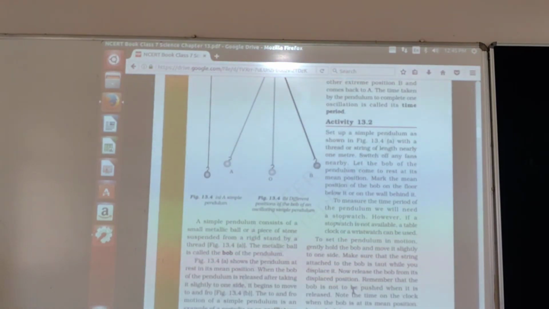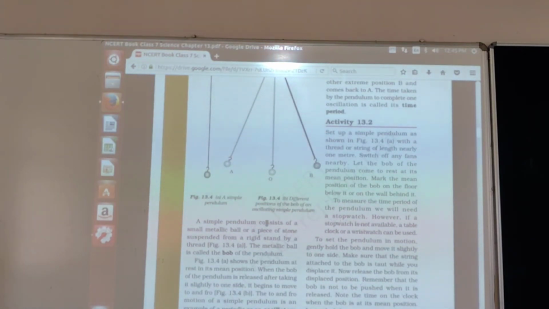So this is oscillatory motion. It begins to move to and fro. See, from O to A and then A to B. This is the oscillatory, or you can say periodic, motion. That's why this simple pendulum is an example of oscillatory motion.